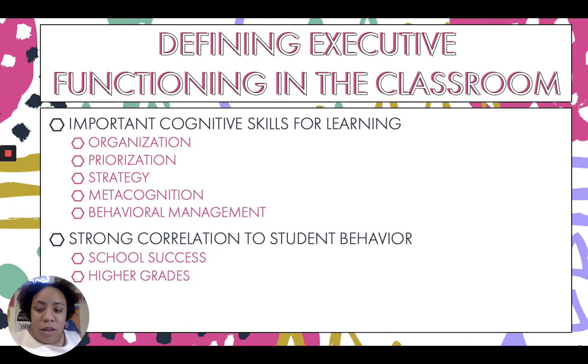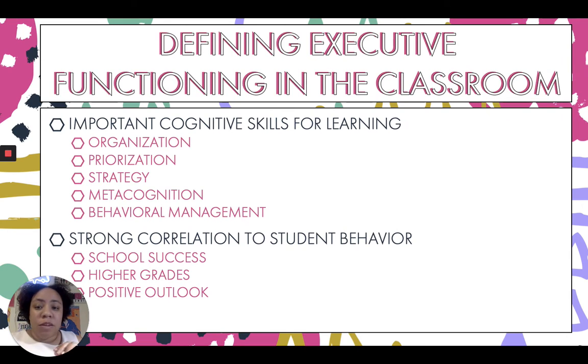Another thing is providing higher grades. When students feel successful and they're able to utilize these executive functioning skills to learn concepts, they get higher grades. And this directly correlates to feeling school success and being able to get into those honor societies and really achieve and really thrive. Another thing is having a positive outlook.